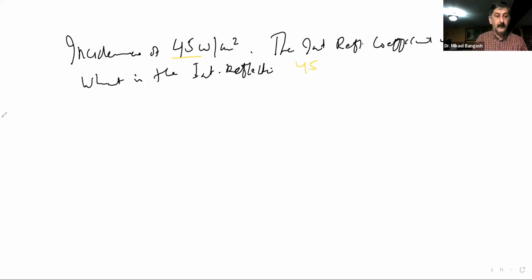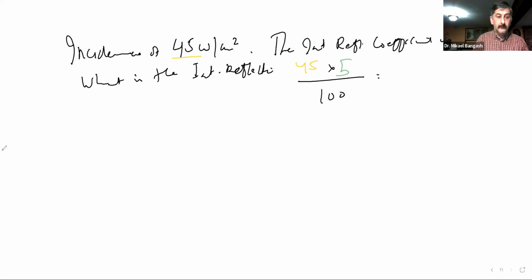This 45 here is going to be multiplied by 5, and then divided by 100.